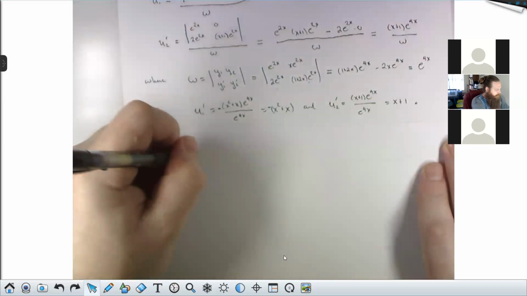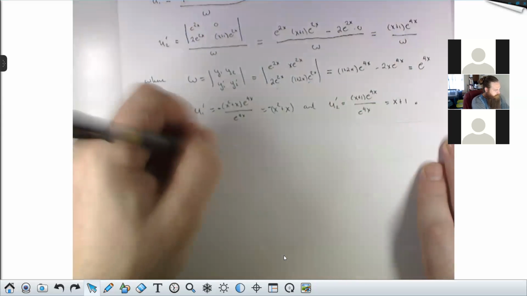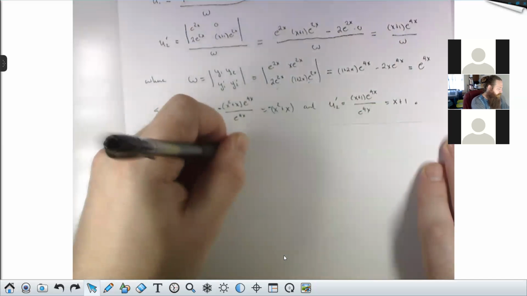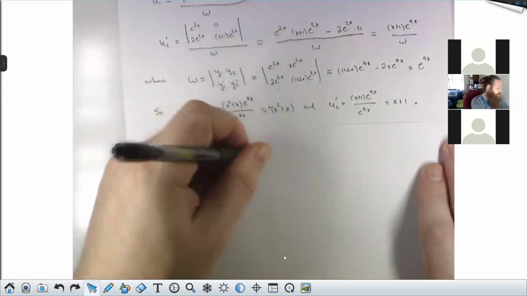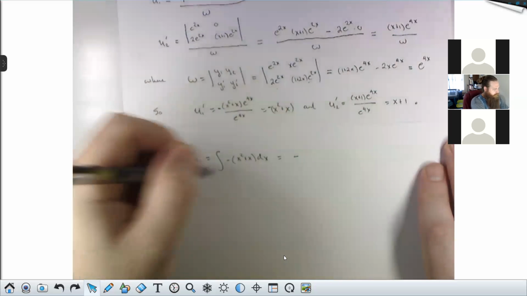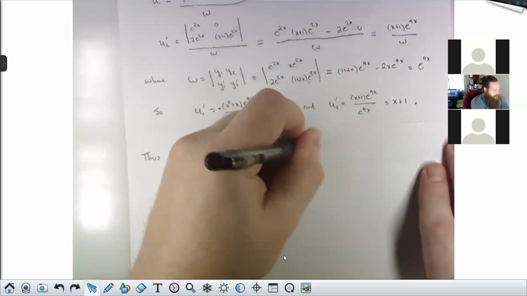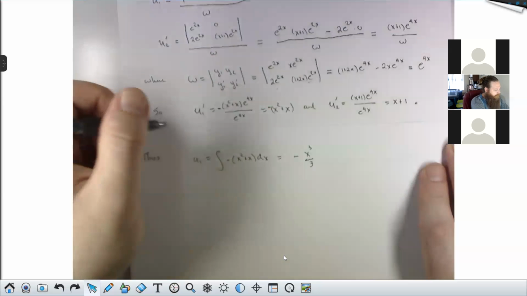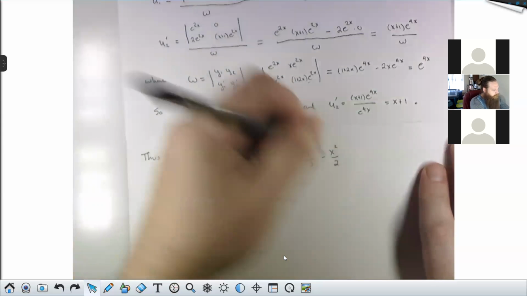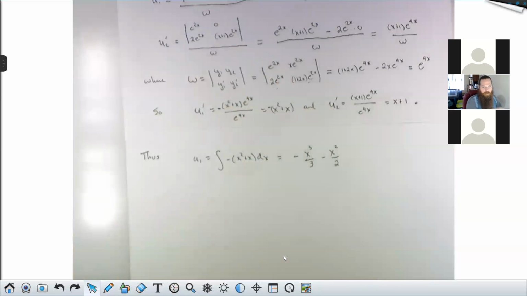Thus, u1 is the integral of negative x squared plus x dx, which is negative x cubed over 3 minus x squared over 2. And you don't need to write any plus c's here, right? At the end of this whole process, there's a lot of fudging with constants. As you calculate u1 and u2, you can completely ignore the plus c stuff.